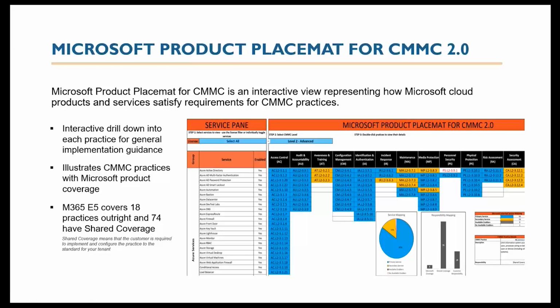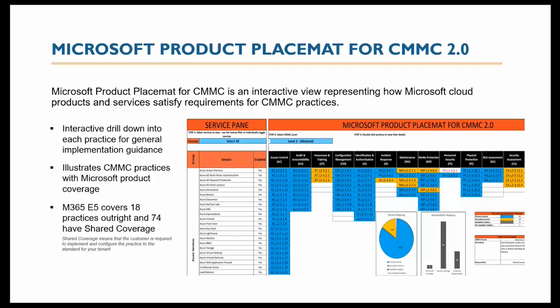Like I mentioned a little bit earlier, and we'll spend a lot of time on this, this is the Microsoft product placement for CMMC 2.0. As you can see on the screen, it shows you different services in the Microsoft GCC High Cloud, Azure Ready, Privileged Identity Management, Intune, or Endpoint Manager.